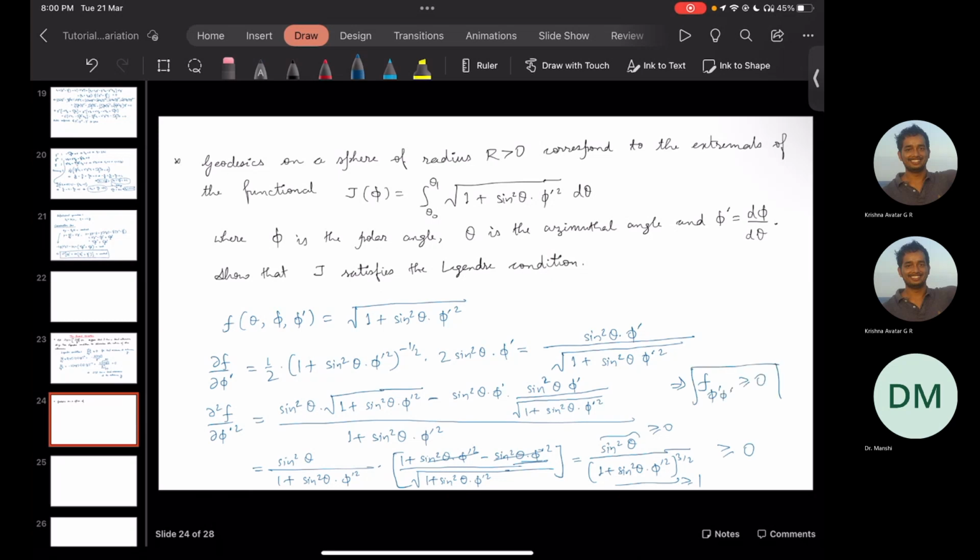It means our Legendre condition is satisfied for a minimum to exist at the extremal φ, which is a function of θ. So the Legendre condition, LC, is satisfied at all points.